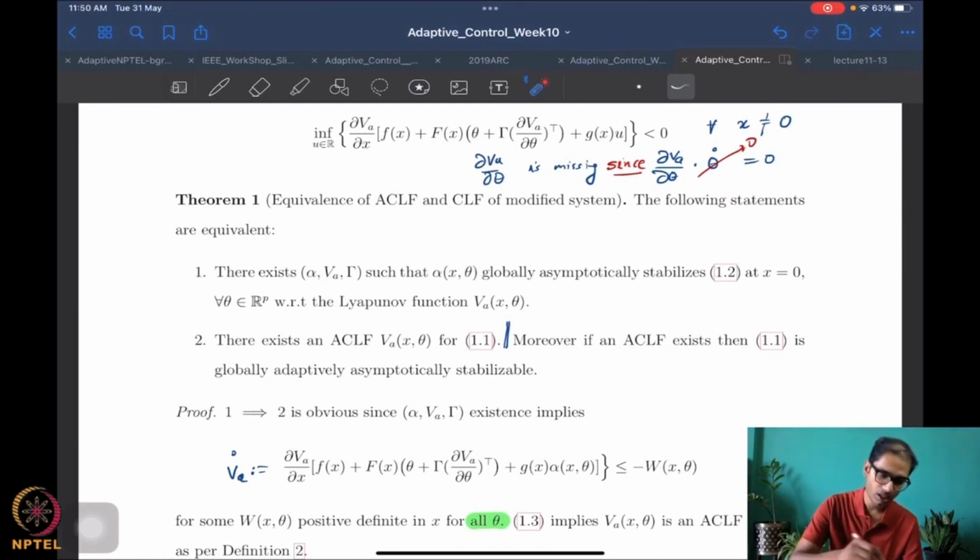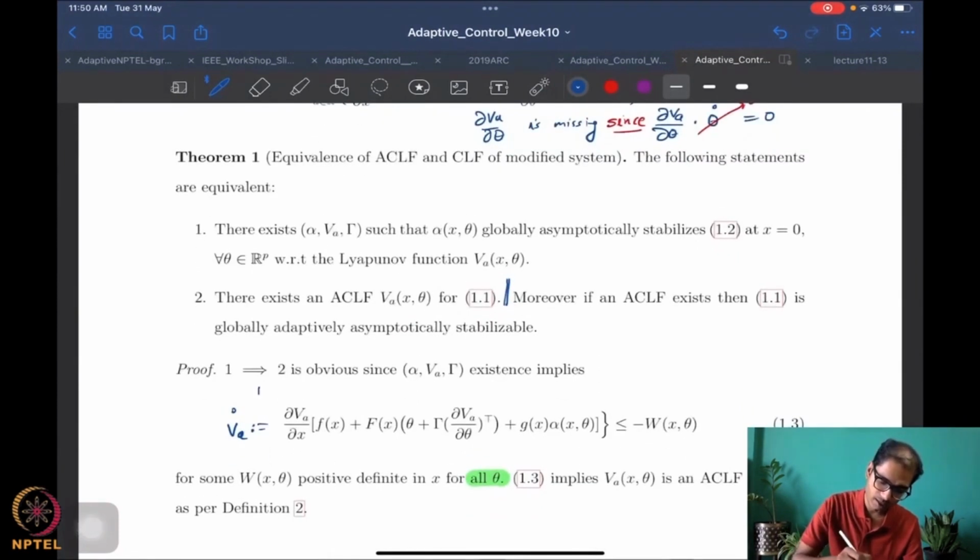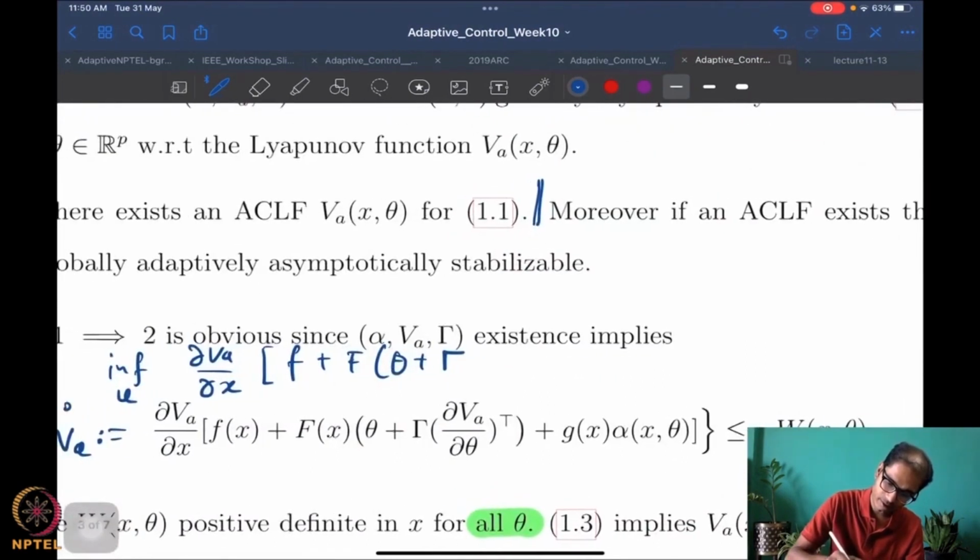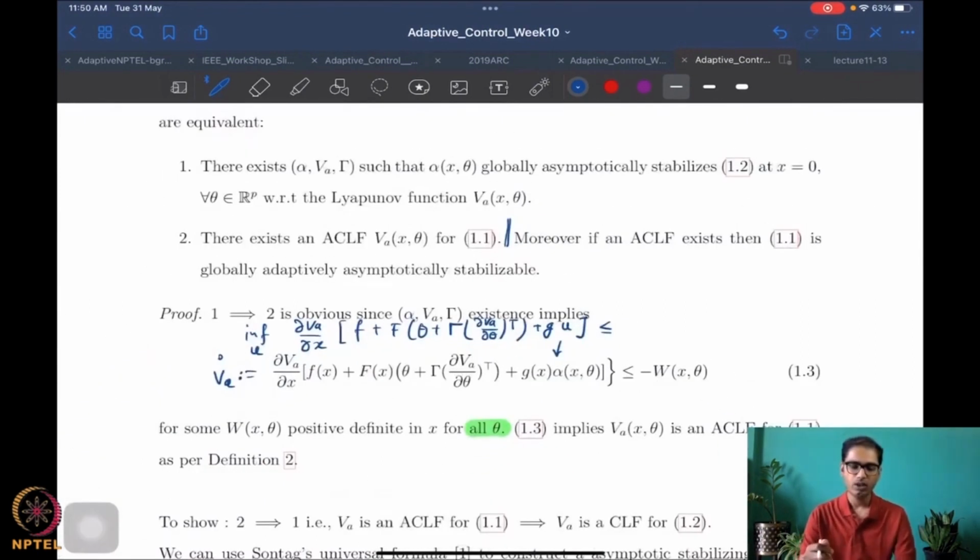Essentially, if you want me to write it, I can write it as the infimum over u of del VA del X times f plus cap F theta plus gamma del VA del theta transpose plus G u, which has to be less than or equal to this quantity. It is always less than or equal to this, which means you have what you want.